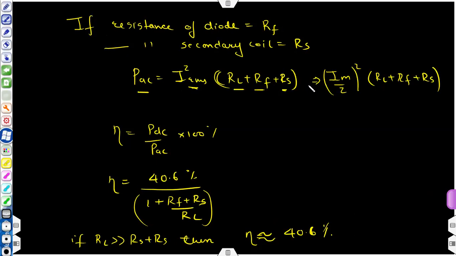That can be written as Im by 2 whole square into RL plus RF plus RS. Simply put this into the formula, and you will have 40.6% divided by 1 plus RF plus RS by RL if you rearrange the equation. Again, if your external resistance is very much greater than RS plus RF, then this term is going to be very close to 0. So again the efficiency will turn out to be 40.6%.